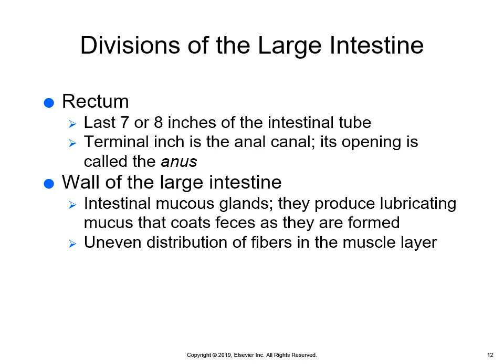All right, now the last little portion of the large intestine that we're going to talk about is the rectum. All right, and the rectum again is the last portion. We're also going to look at the wall of the large intestine as well.